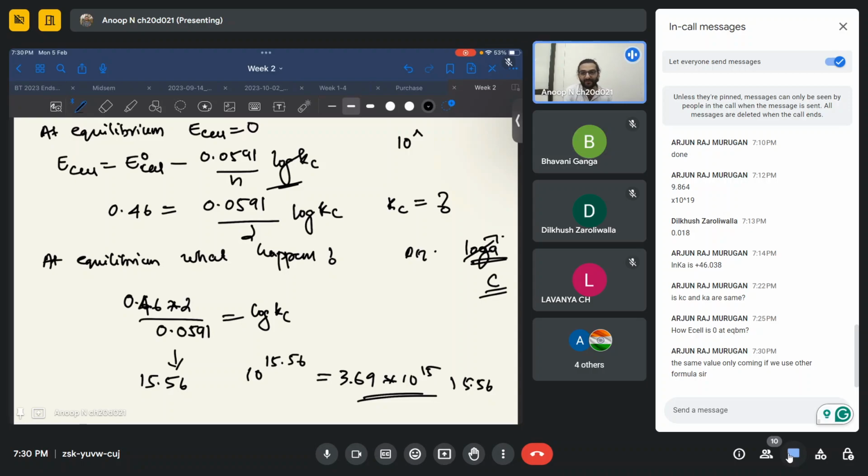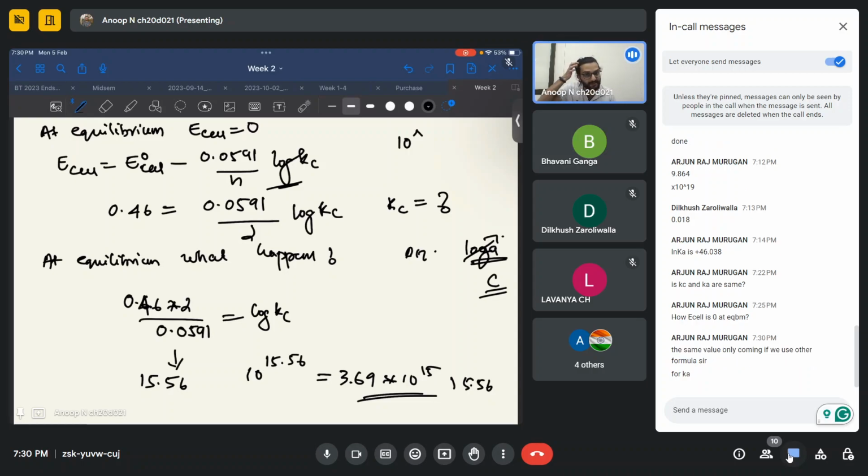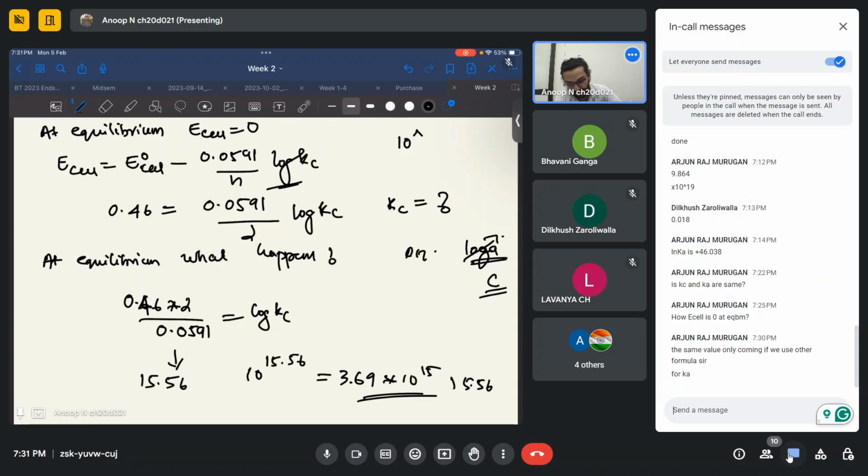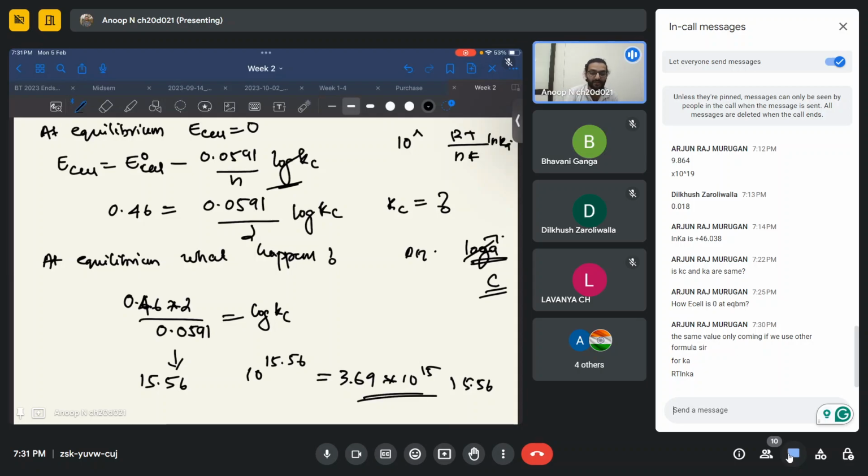Yeah, it should come the same value. So I have to check it. The other formula is nothing actually. Instead of this log, you have to write RT by nF ln K. Value will come the same.